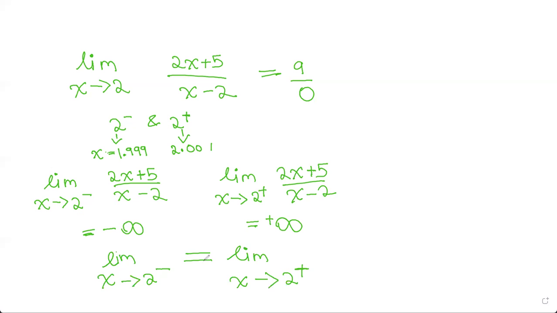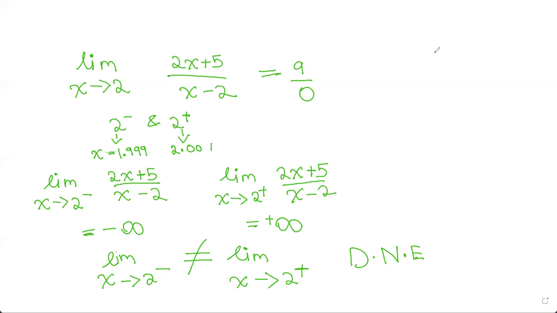So we know that minus infinity and plus infinity are not equal. So when they are not equal, the limit does not exist. I'm just writing it as DNE, does not exist. So for it to exist, the limit as x tends to 2 minus should be equal to the limit as x tends to 2 plus.